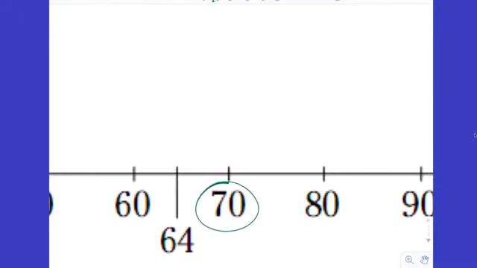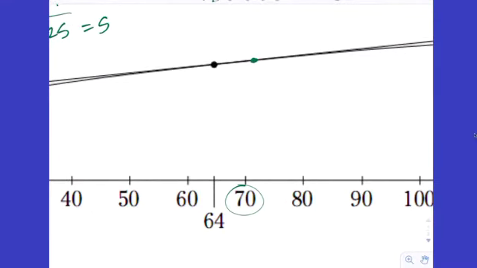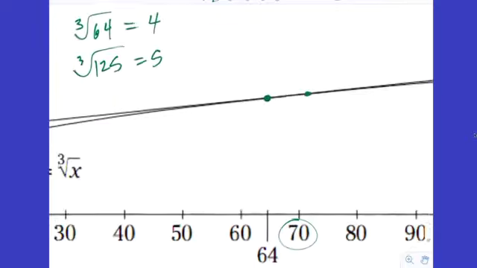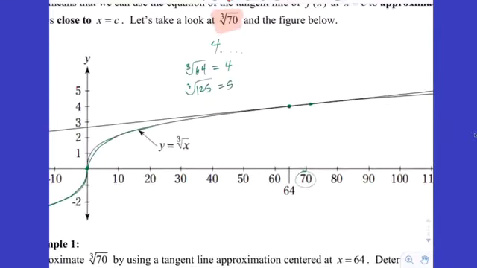What I'm really interested in is what is the y value right there at 70? Well, because 70 is not a perfect cube, but 64 is a perfect cube, and it's in the neighborhood of 70, I can write the equation for the tangent line for this function at 64. And I'll try and draw the tangent line or highlight it right there.